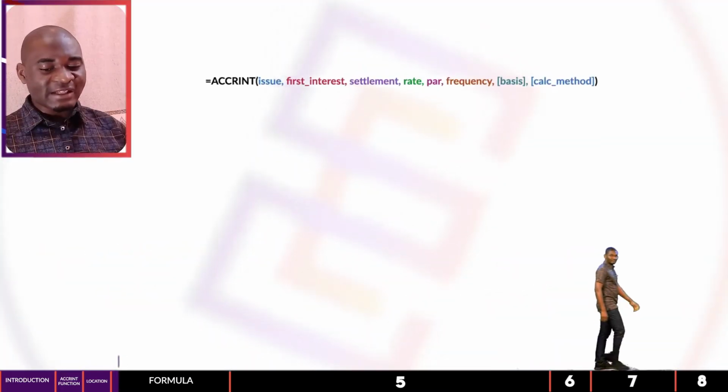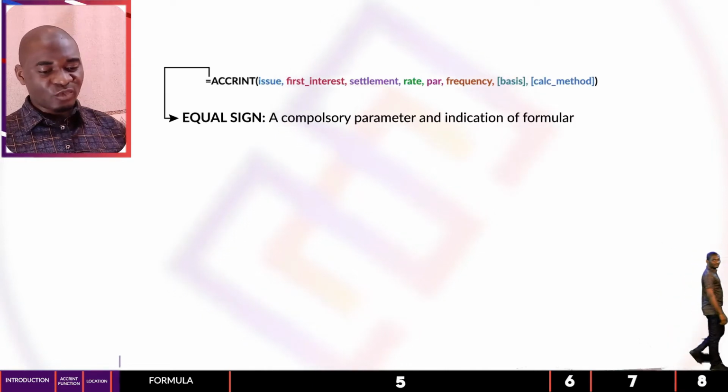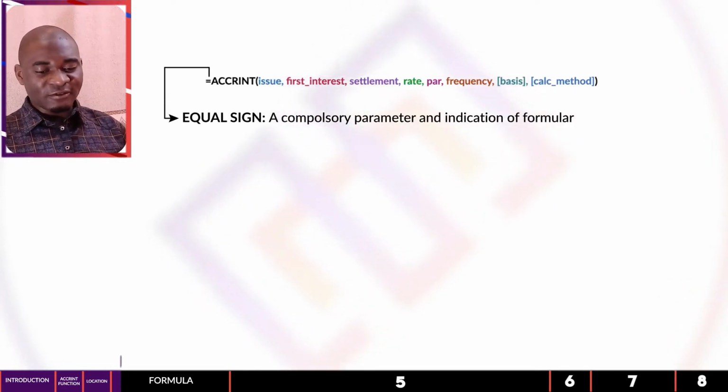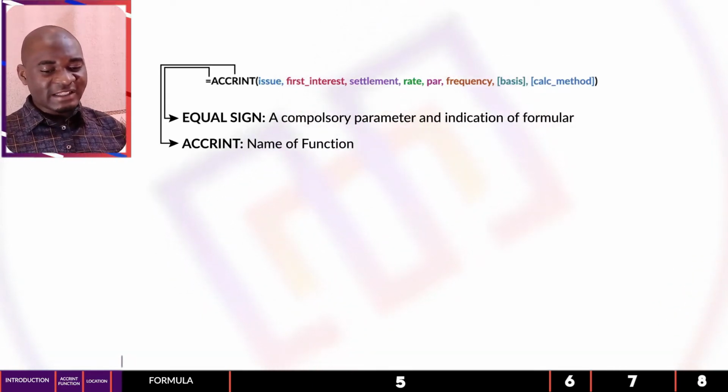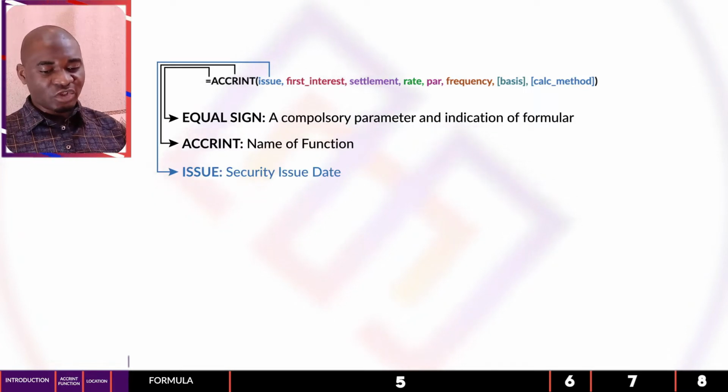Okay, before we take an example, let's understand how the ACCRINT formula works. The ACCRINT function is displayed as the equal sign first, which is very paramount for every Excel formula, then ACCRINT, which is the name of the function itself. It is spelled as ACCRINT. Then you open your parentheses. The first parameter is issue.